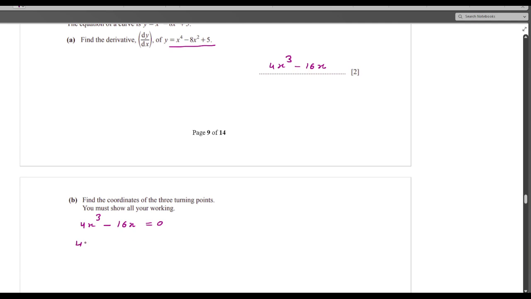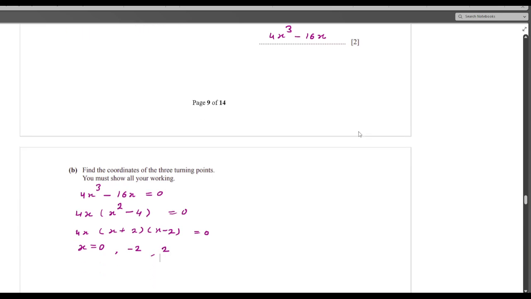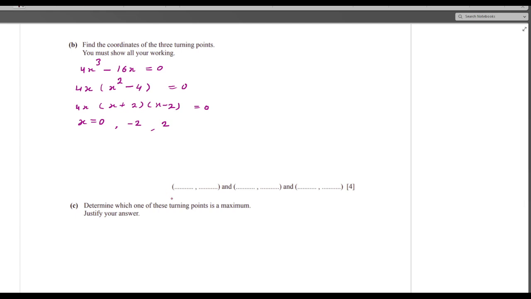Here you will take 4x common, so you have x square minus 4 equals 0. Now x square minus 4 can be written as x plus 2 times x minus 2, equals 0. So this gives you x equals 0, or x equals 2, or x equals minus 2. So 0, minus 2, plus 2 are the three answers.